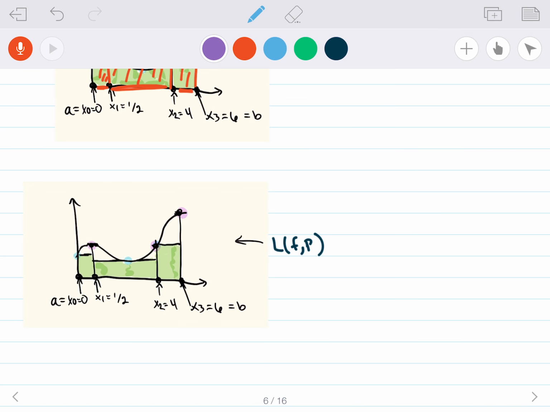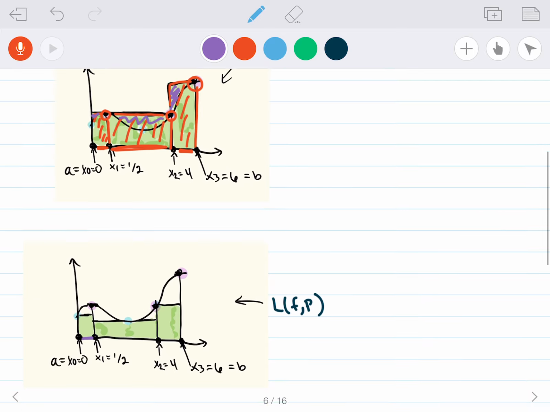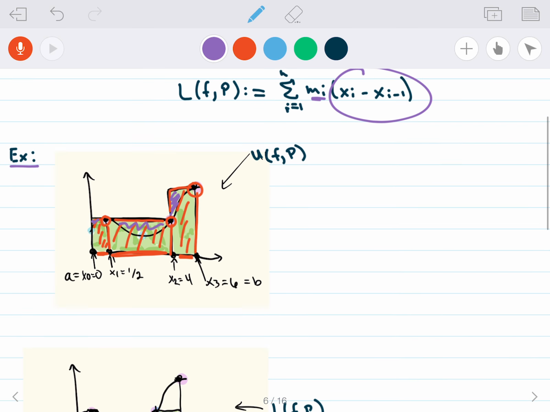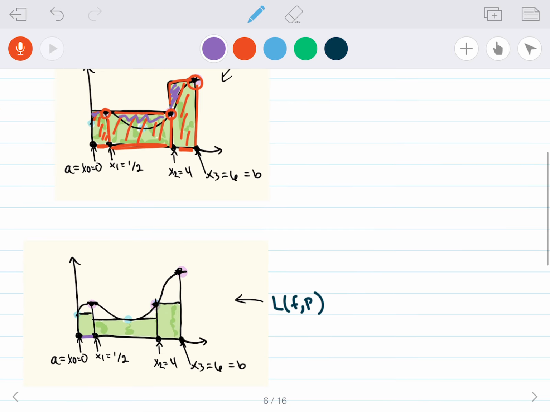Again, we're looking at the difference between the xi's. So x1 minus x0 is the width times, this time, the infimum. So what's the infimum on this interval? Well, it's going to be the lowest point right here, and that's what we're calling the height of the rectangle.